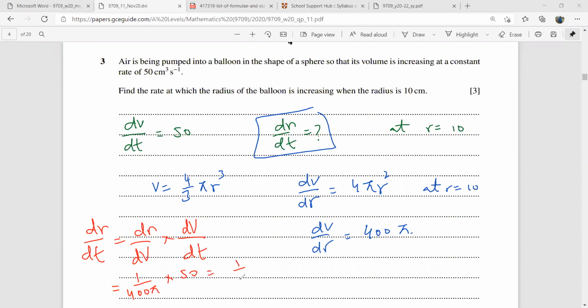So this is 1 over 8 pi centimeter per second. I can leave it up to this because he's not asking us to give the answer in a specific form.